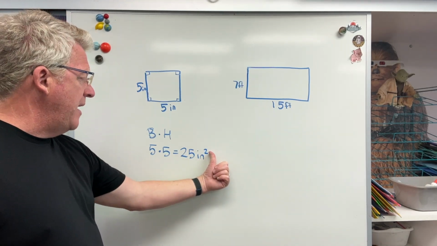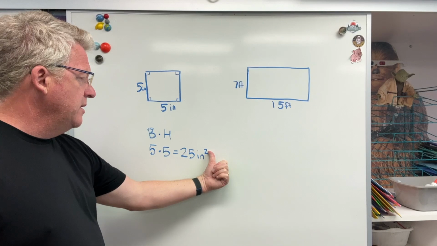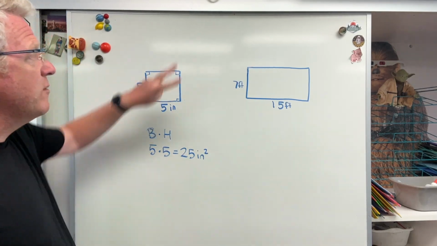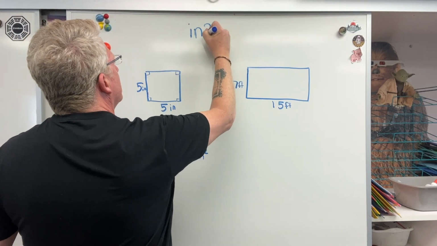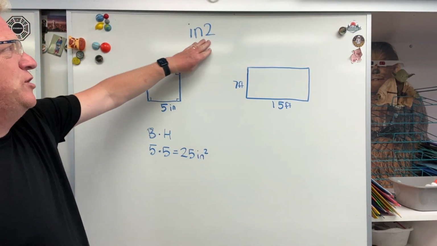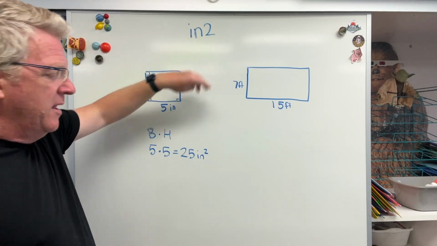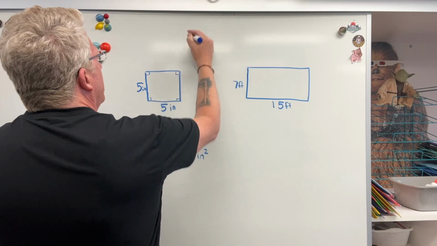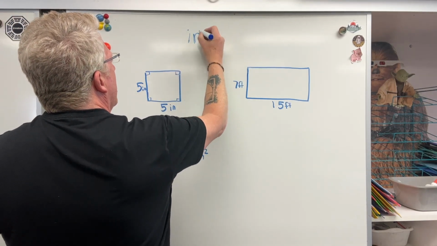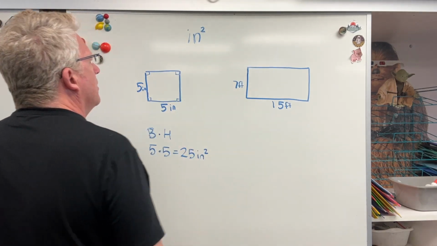You can abbreviate by having a little exponent here, 2. Some of you guys have been writing the exponent with a giant 2 right next to it. Just so we're really clear, remember that an exponent is in the upper right-hand corner.